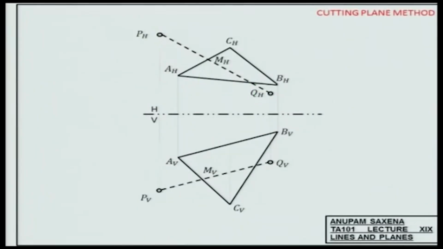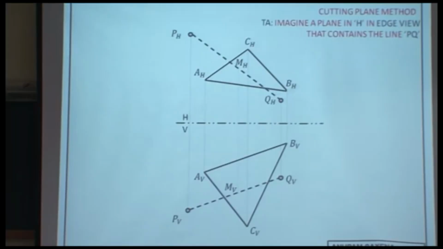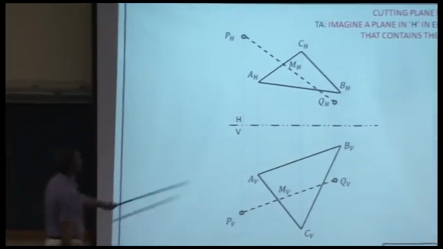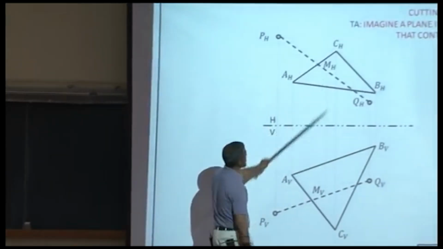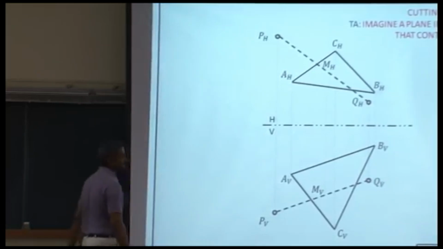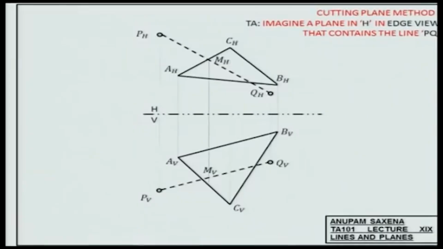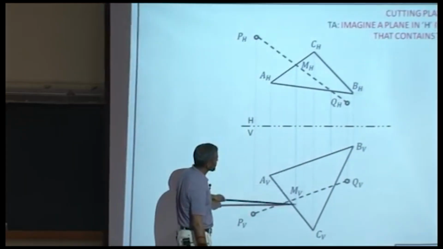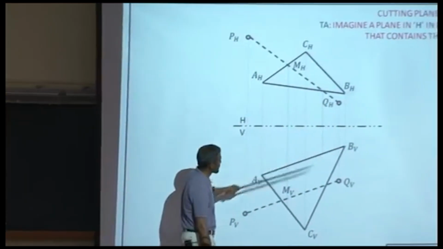Cutting plane method. A plane which contains the line PQ here in the edge plane, assume that it's intersecting with the plane ABC. Okay. Get this point down over here, get this point down over here.